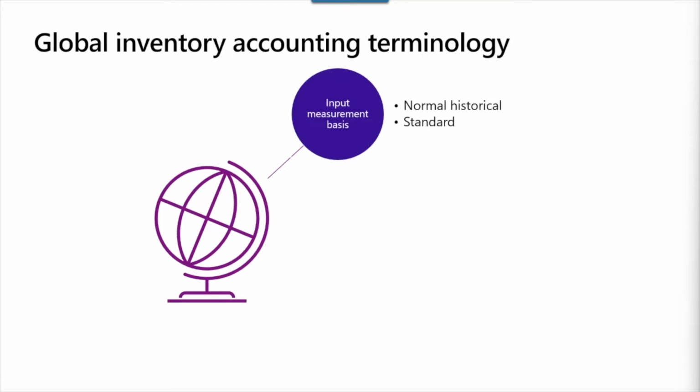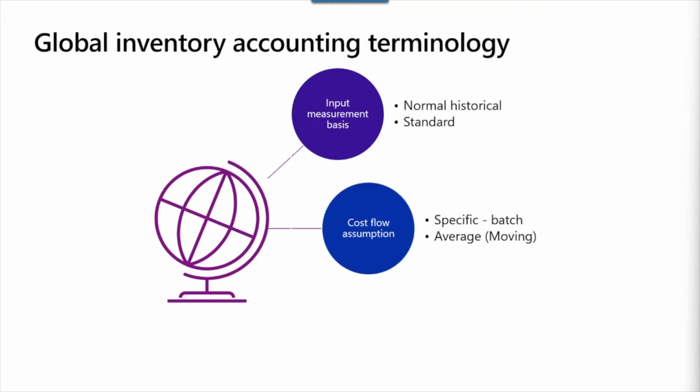Or you can choose to use a standard cost. A standard cost is set up in a costing version just like any other standard cost. You can maintain a different costing version to be specifically used in your ledgers in the Global Inventory Accounting add-in. We'll look at this a bit more in detail later on.